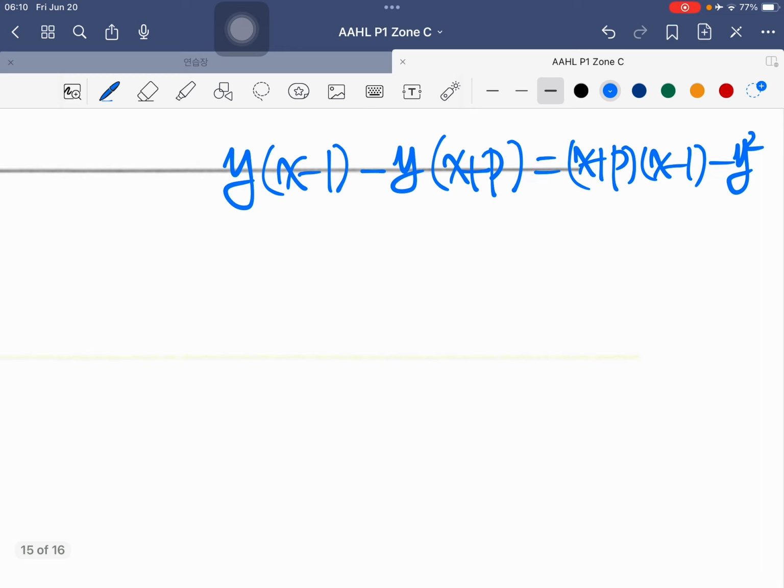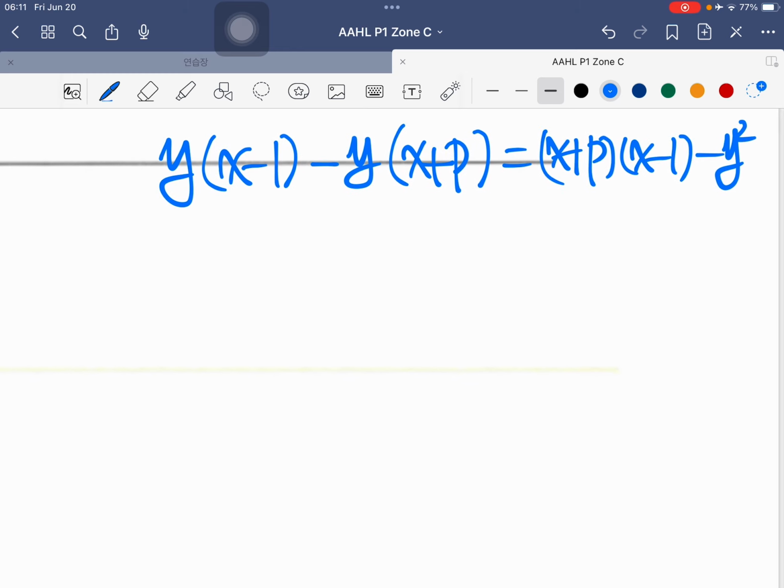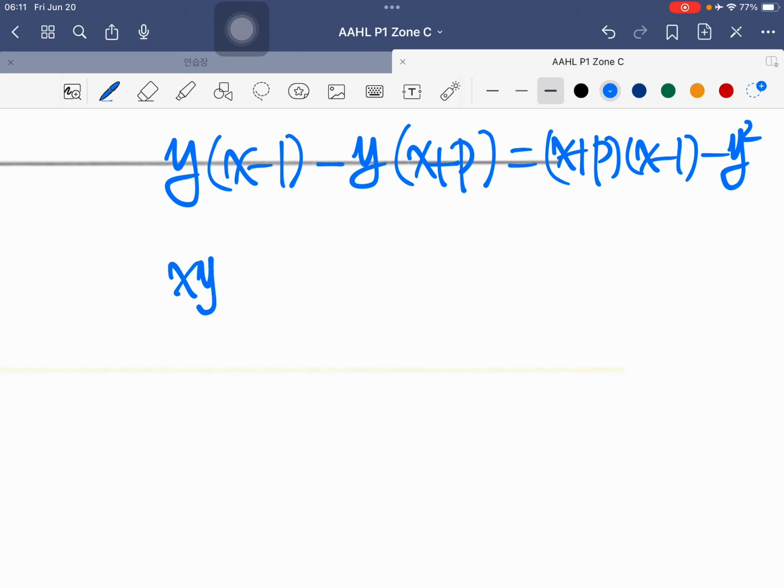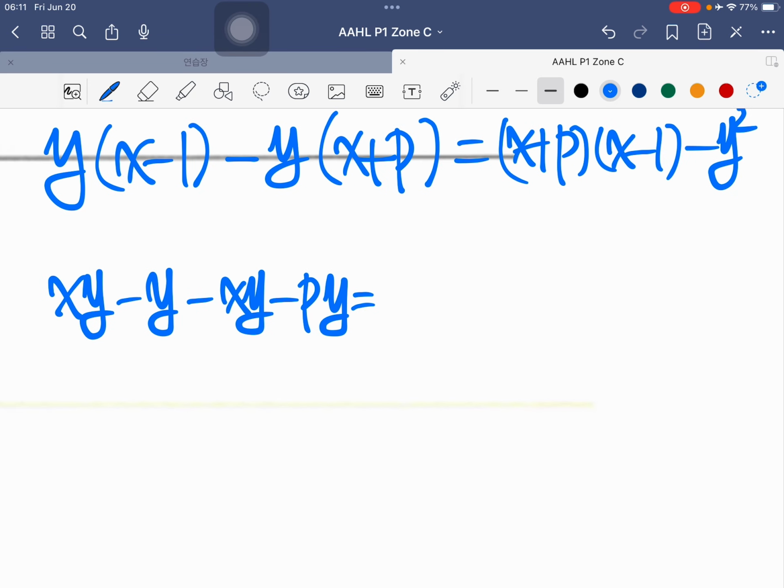Simplifying this equation, we got xy minus y minus xy minus py equals, expanding these, x squared plus (p minus 1) times x minus p plus y squared.